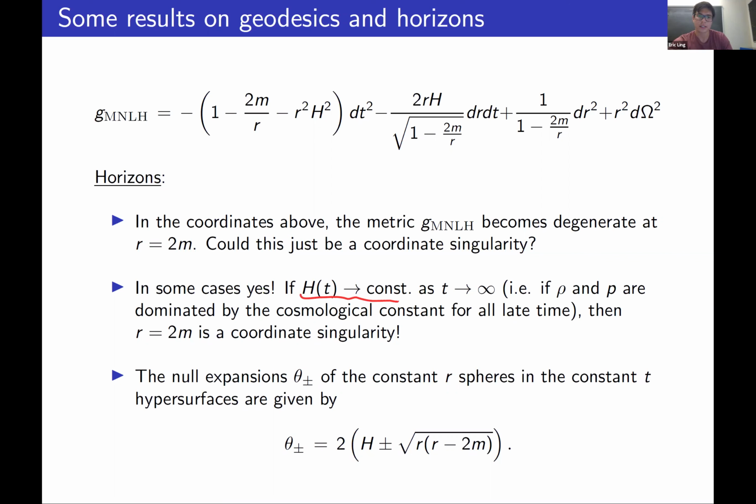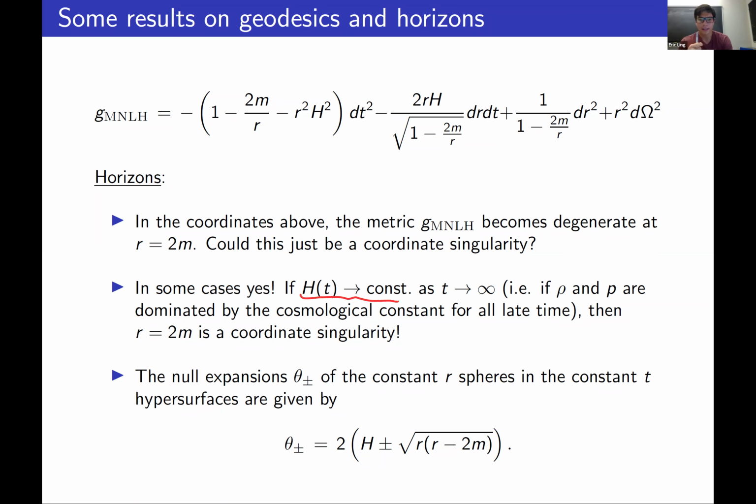You can find coordinates that allow you to go through this singularity and go into another spacetime, at least in a C0 extendable way. I think this is interesting because we do actually believe, at late time, rho and p should be dominated by a cosmological constant.